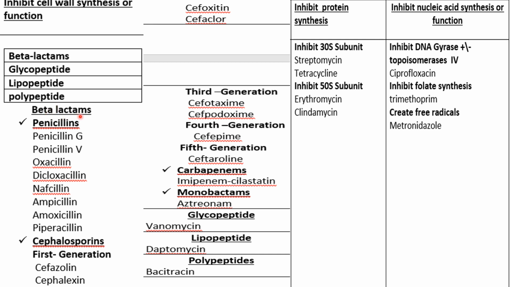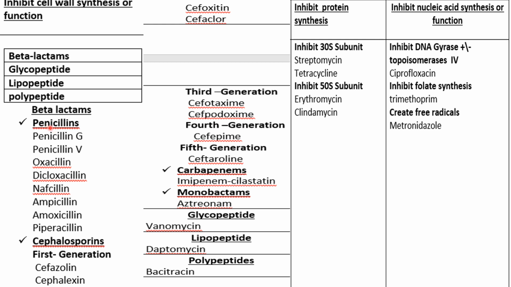Beta lactam is a very important group of antibacterial drugs, and it is very commonly used. It is further subdivided into penicillins. Penicillin is one of the first discovered antibacterial drugs and was commonly used in the past and is even used today.